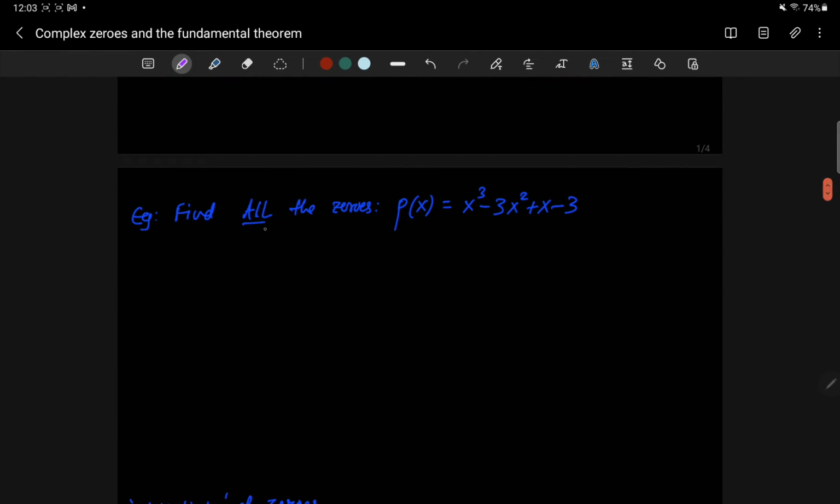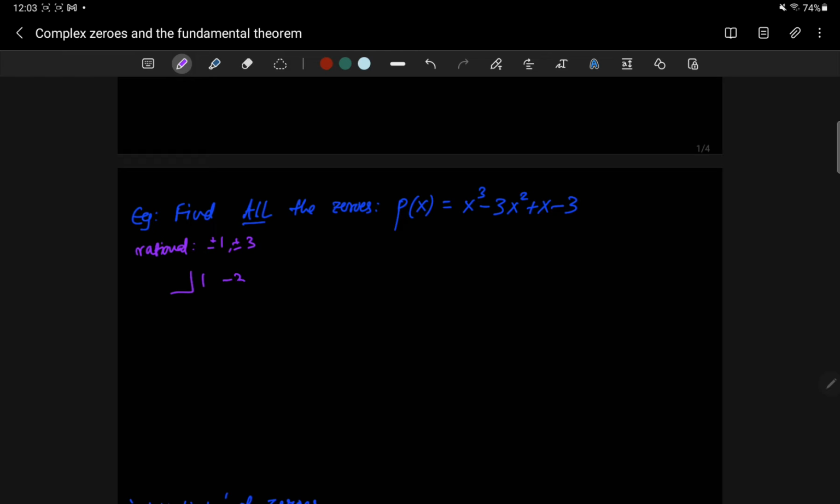Let's look at an example. Find all the zeros of this polynomial. So here, we don't know, so we're just going to go ahead and try some of the things that we have learned. It says find all the zeros, so let's look for rational ones, right? The candidates are plus or minus 1 or plus or minus 3.